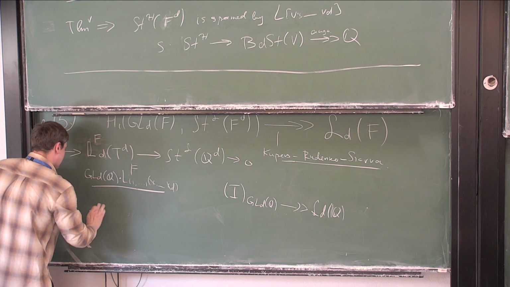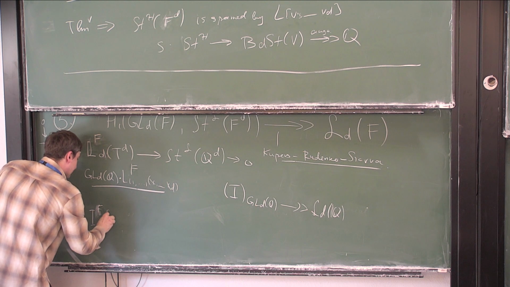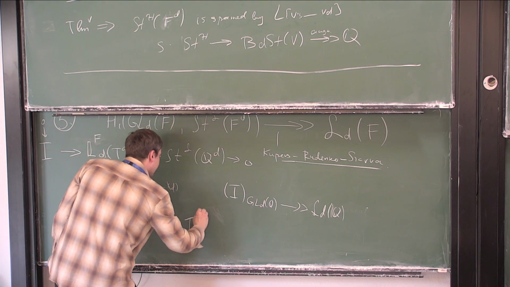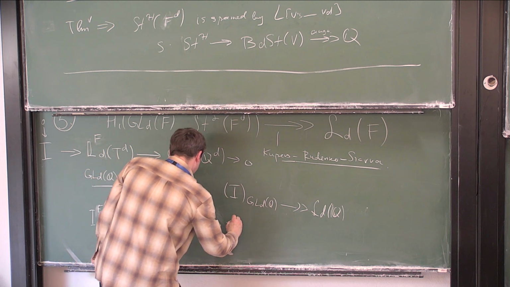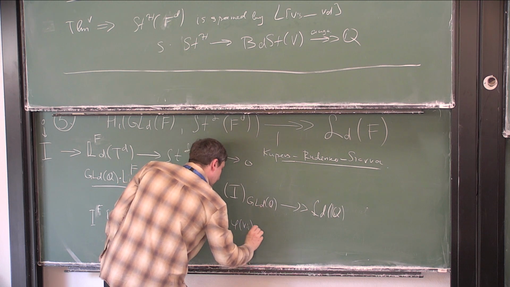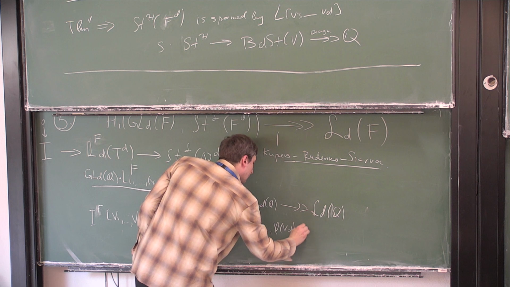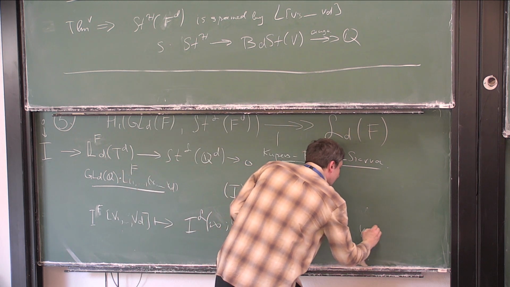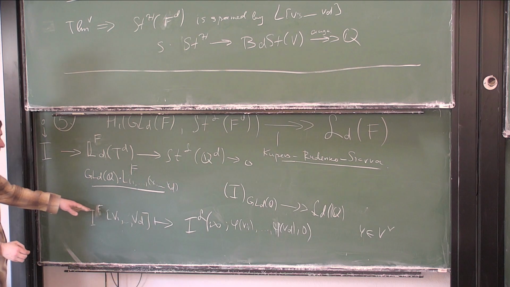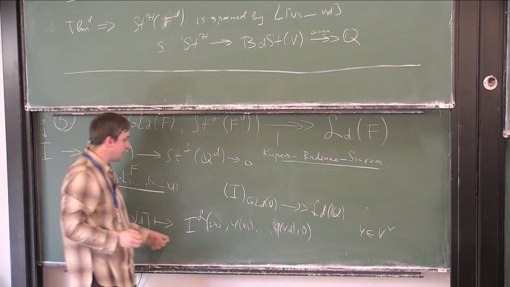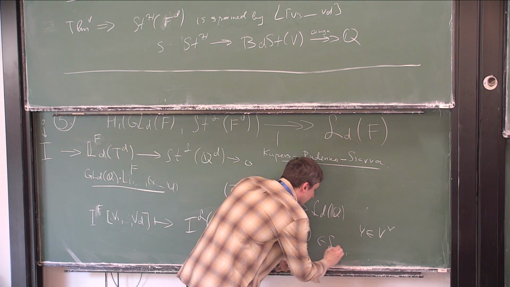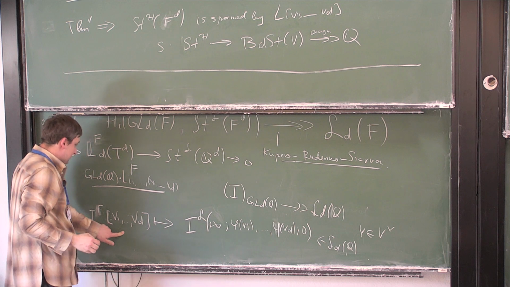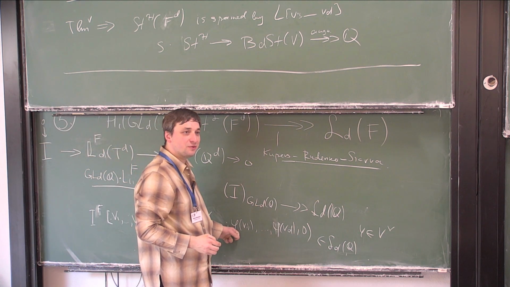You take I formal of a collection of vectors V1 through Vd, and you map it to an element which is IL of infinity, and then you just write something, where phi is some functional, and you just formally send any element like this to an element in LD of Q. So this map depends on the choice of phi, and there's nothing you can do about it here.